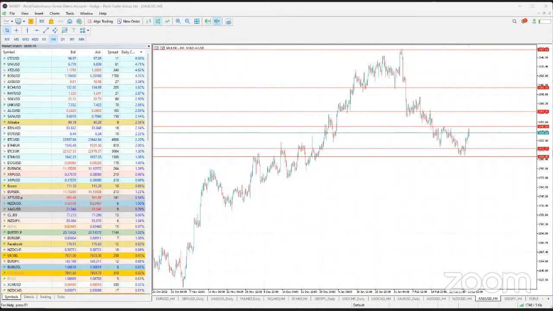Technical analysis, first of all, depends on three main concepts. Let me just write them down for you so you can see everything clearly. First of all, we have here price moves in trends.